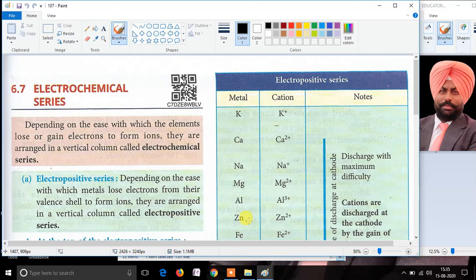And we saw that metallic conductors just passed on the current, while electrolytes, along with passing the current, decompose themselves into ions.